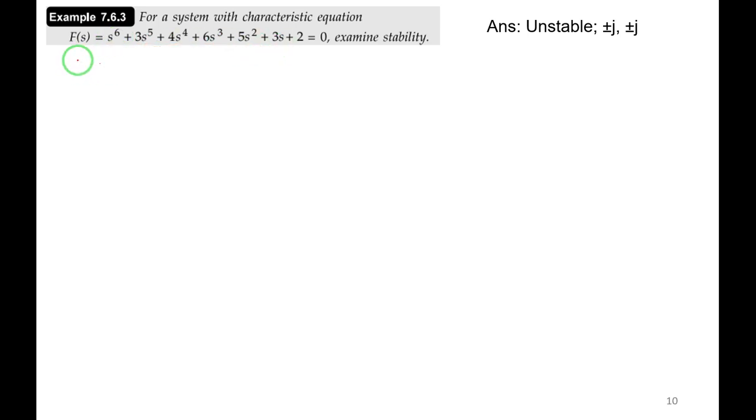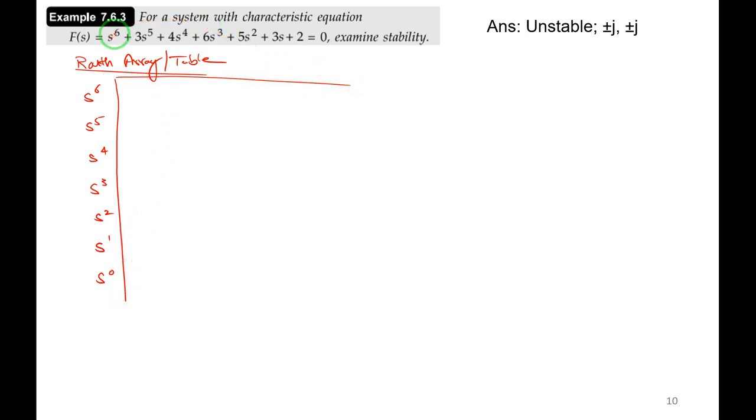Let me form the Routh array or Routh table, one and the same, right? So s power 6, 5, 4, 3, 2, 1, 0.